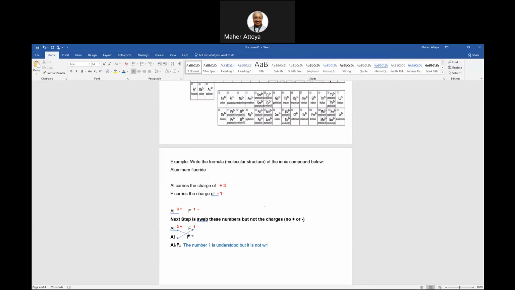So if you look at this, aluminum fluoride will be looking like AlF3.